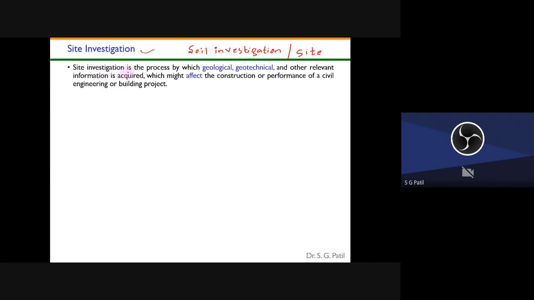The definition of site investigation is the process by which geological, geotechnical, and other relevant information is acquired. What are the other relevant informations? Your water table, or maybe hidden anomalies, if there are any; those things you should explore. Those are the relevant information which are going to affect the design of your foundation.